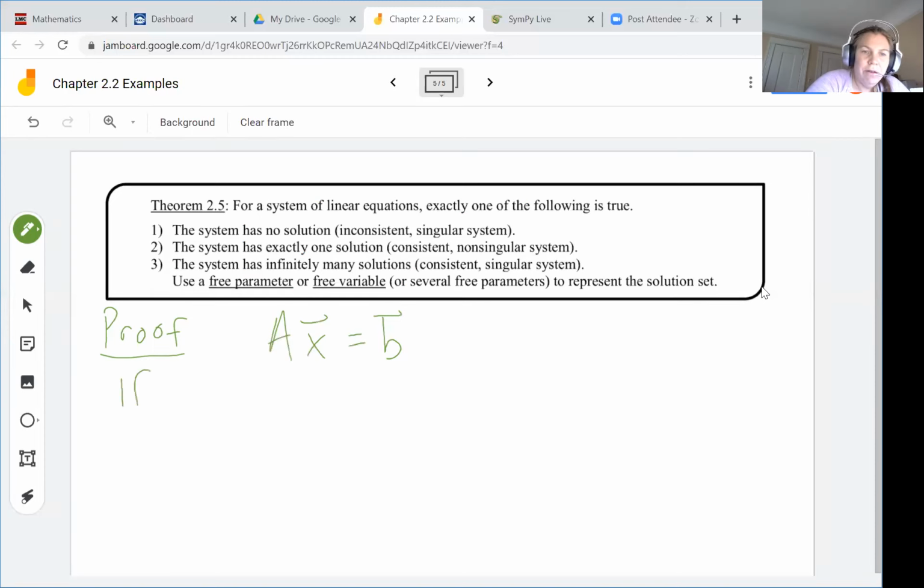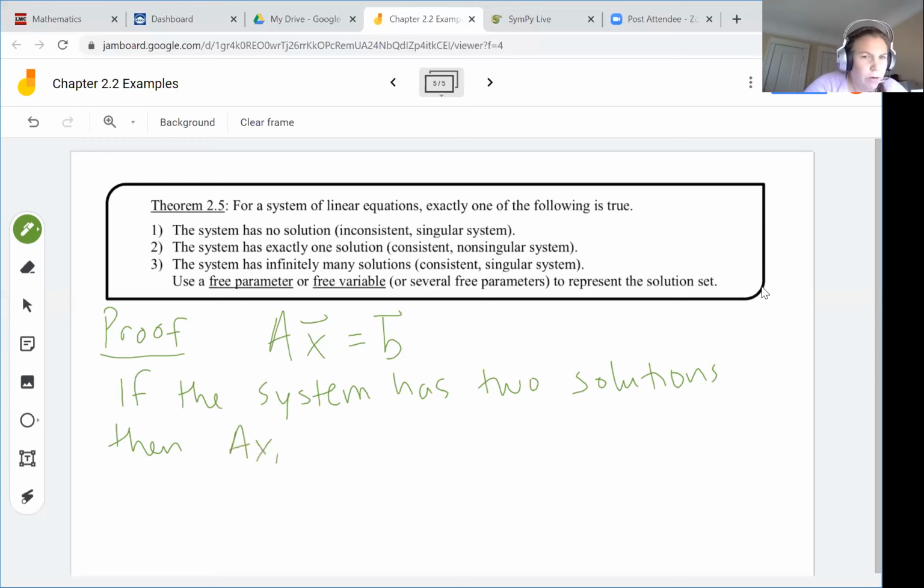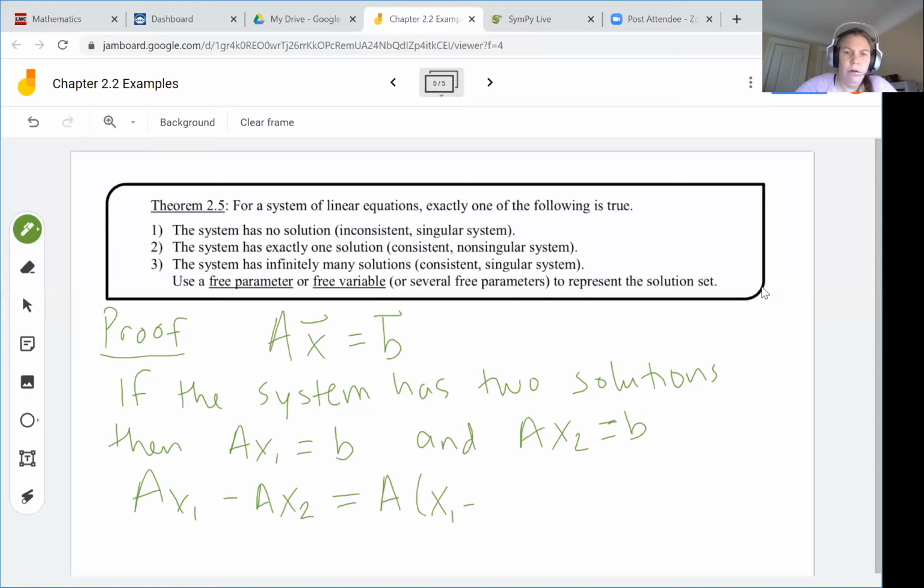So we can say if the system has two solutions, then A times X1 equals B, and A times X2 equals B. So then we can say, okay, well, AX1 minus AX2, we know from matrix properties, we can pull that out, and that is A times (X1 minus X2).